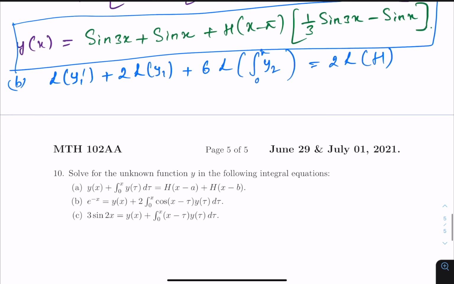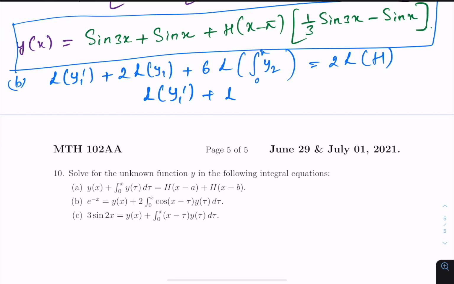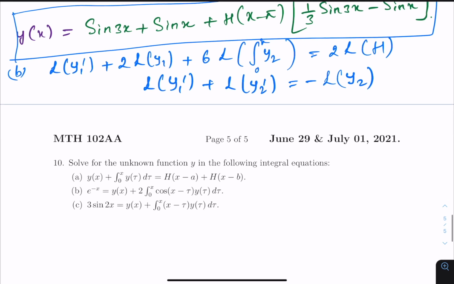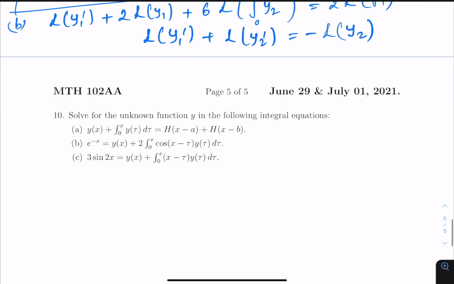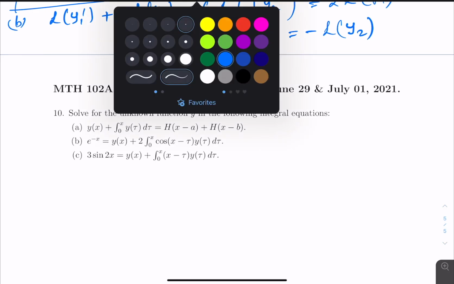And the second equation is going to give you Laplace transform of y1 prime plus Laplace transform of y2 prime is equal to minus Laplace transform of y2. And we have the initial conditions. So use the formula that we already know about Laplace transforms of y1 prime.